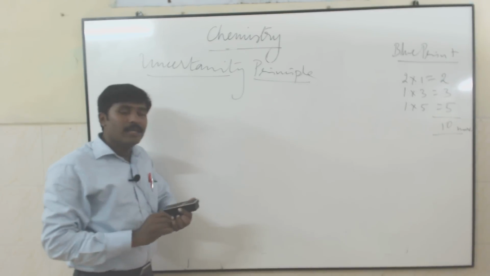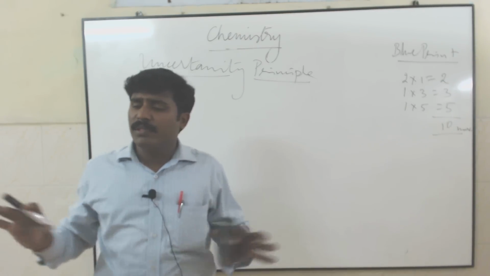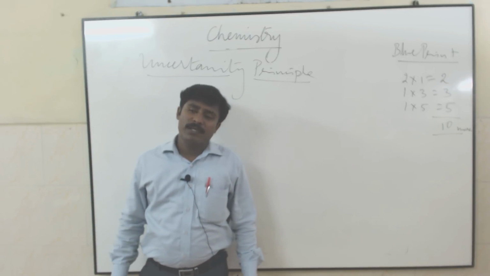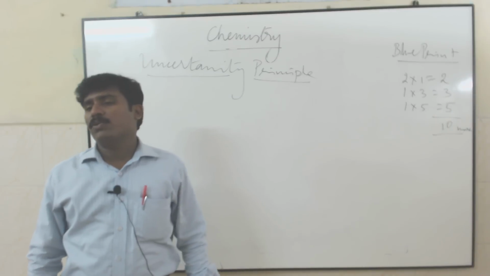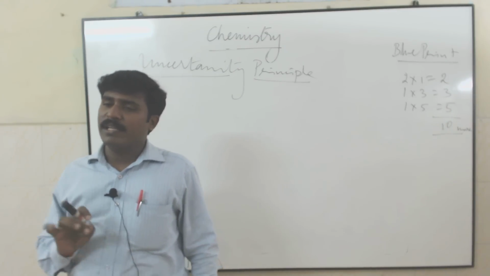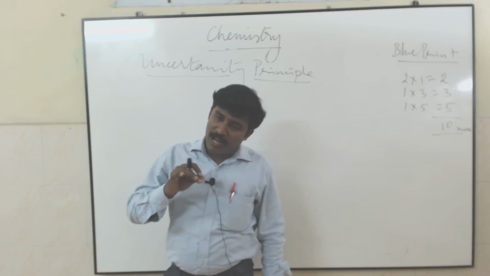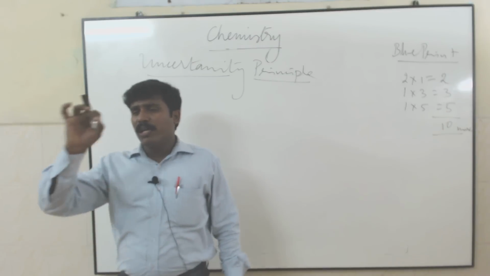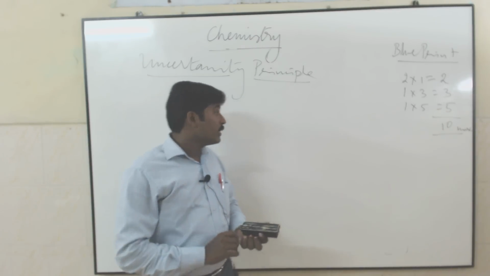Heisenberg uncertainty principle. It is impossible to measure simultaneously both the position and the momentum, nothing but velocity, of the microscopic particle with absolute accuracy or certainty.